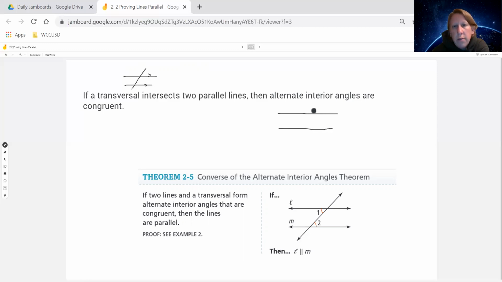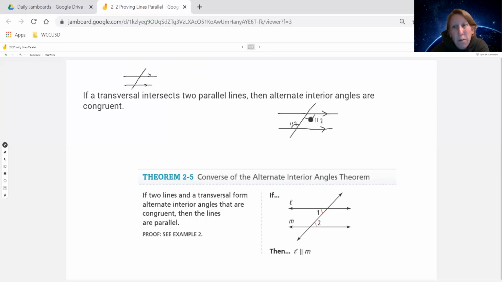So if you have a math problem that looks like this, and you know these are parallel, and you have 112 degrees for that angle, you are allowed to say that this one is also 112, because these are alternate interior angles. And from the previous lesson, it said that if the lines are parallel, then the alternate interior angles are congruent.